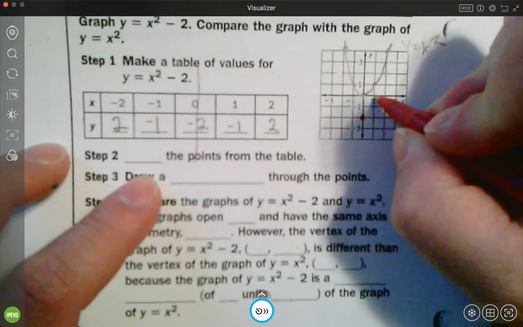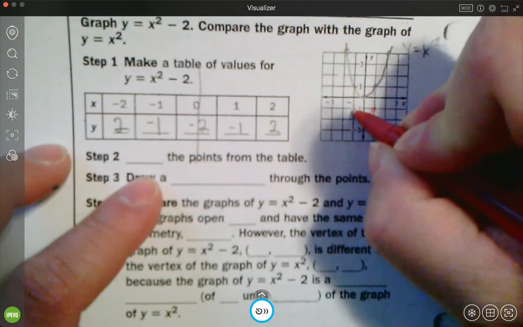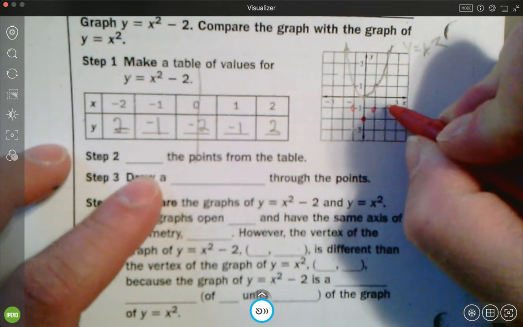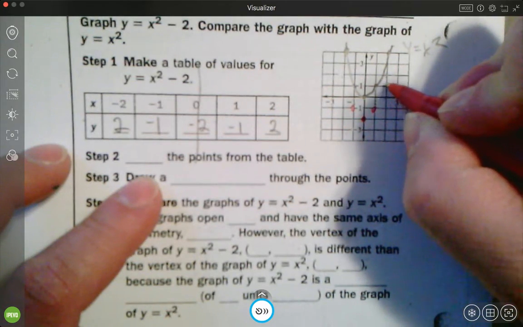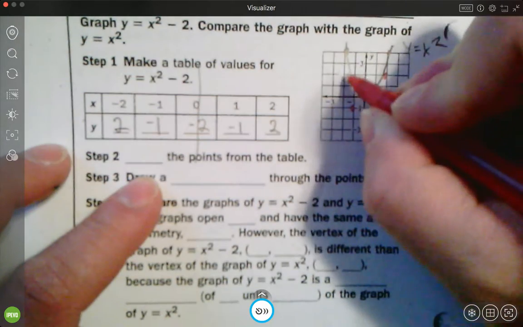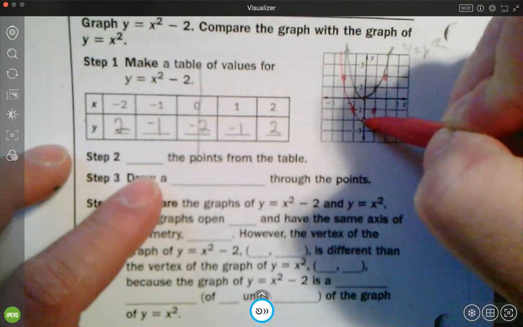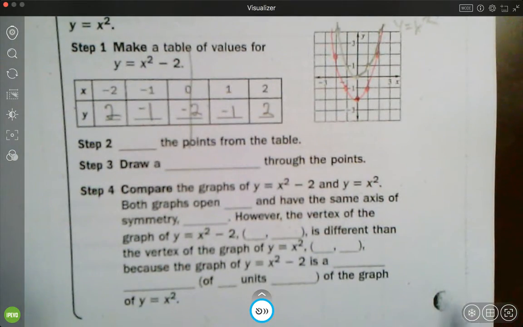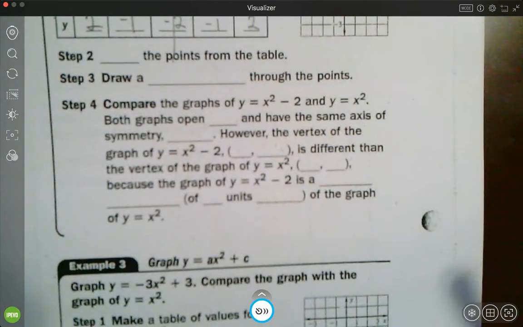And then 1, negative 1 is here, and here. My line of symmetry hasn't changed, it's still there. And then we have 2, 2 will be here, and negative 2 to here. So this is my new graph. So I don't know about you, no offense, no pun intended, I just said you and I thought of parabola. But here are some comparisons I can say.